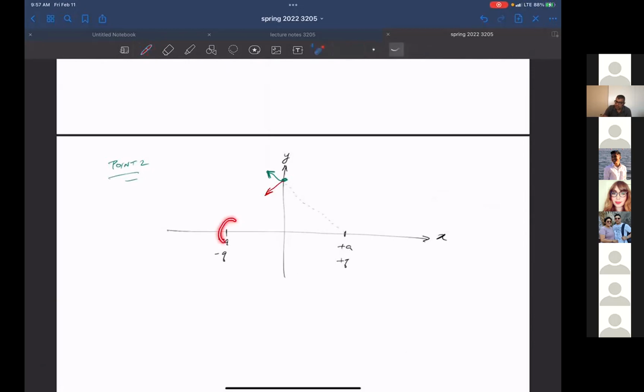But because the distance is always the same on this y-axis, this component and this component are always going to cancel each other. So when you're sitting on the y-axis, you're only going to have a horizontal component, which is convenient.